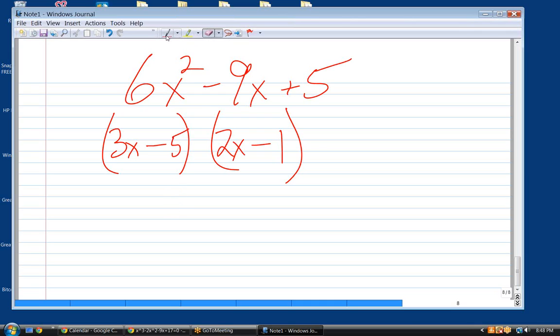Yeah. No. Hold on. What? It doesn't. Okay. So the only other possible solution? 1 and 5. Does that work? No. Okay. So now what?